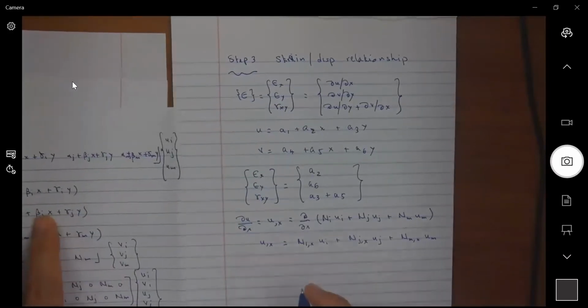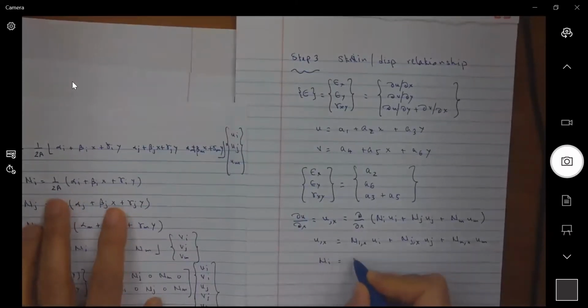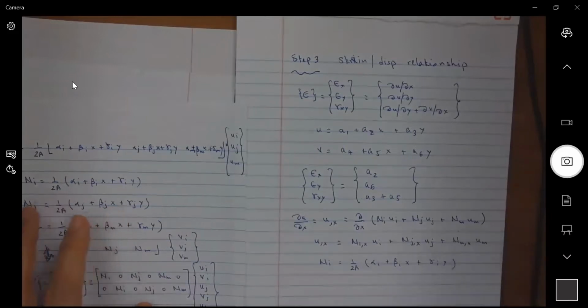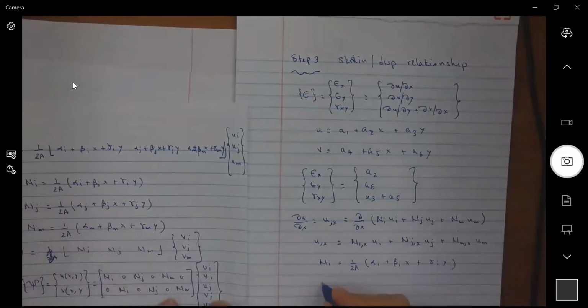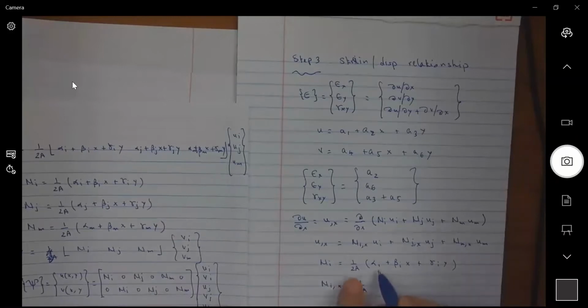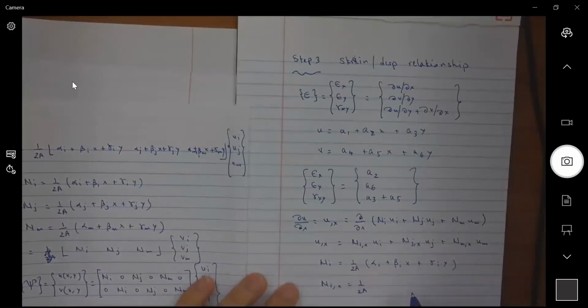So for example, we had here Ni equal to 1 over 2a multiplied by alpha i plus beta i x plus gamma i y, right? So if I take the partial derivative Ni,x, that would be 1 over 2a, and this is a constant, taking the partial derivative with respect to x, I will only be left with beta i.